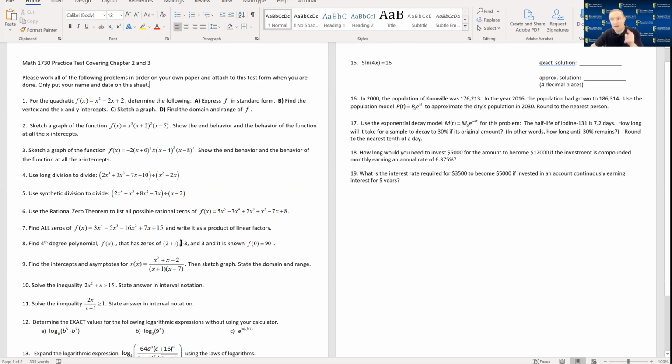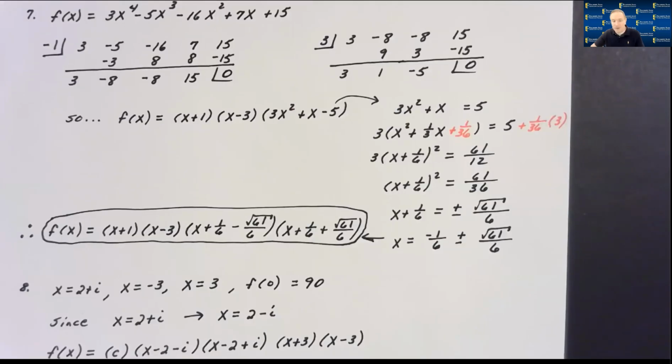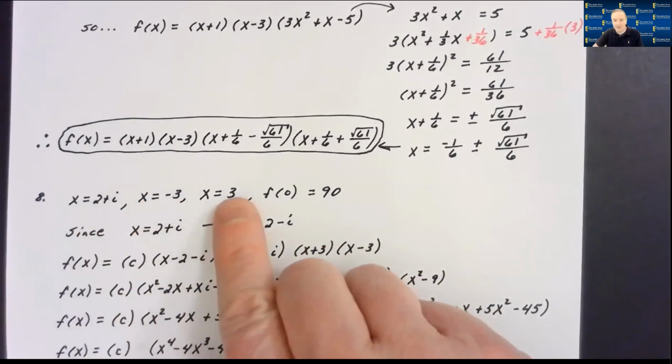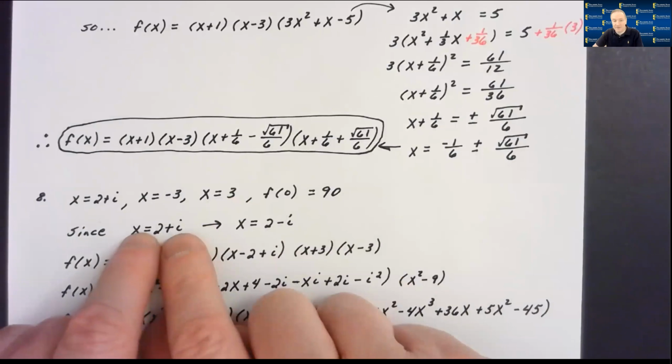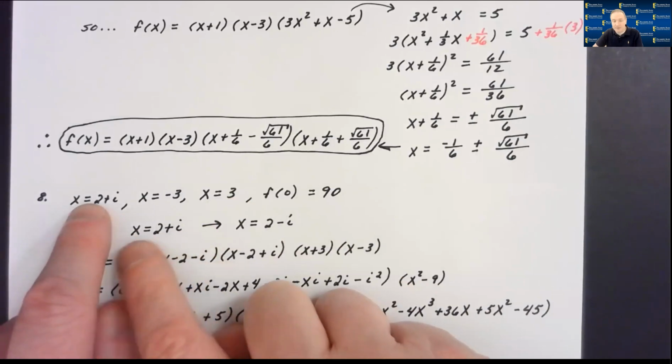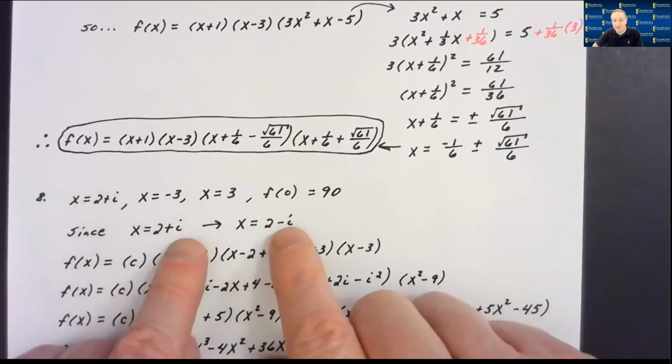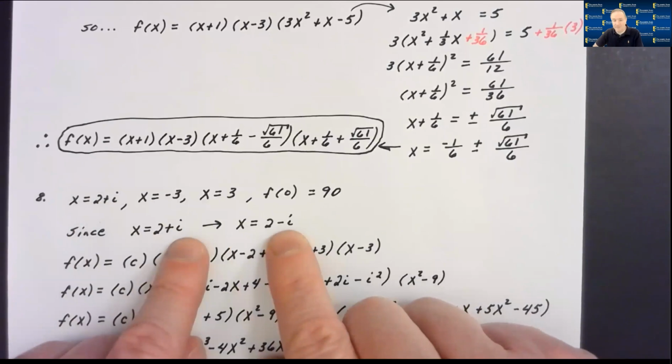So you say, there's another 0 at 2 minus i. Complex solutions always occur in complex conjugate pairs. So I wrote down the information, and then I said, well, since x is equal to the 0, 2 plus i, that means its complex conjugate is also a solution, x is equal to 2 minus i.